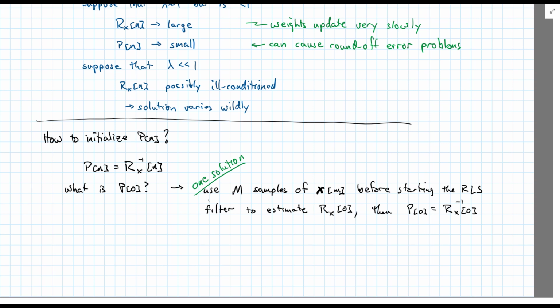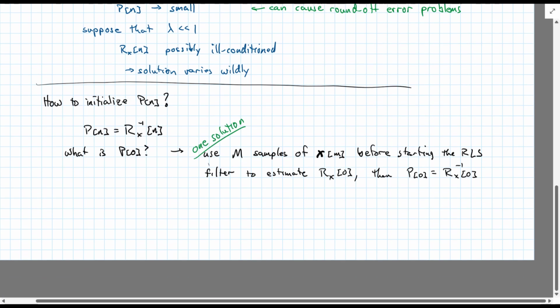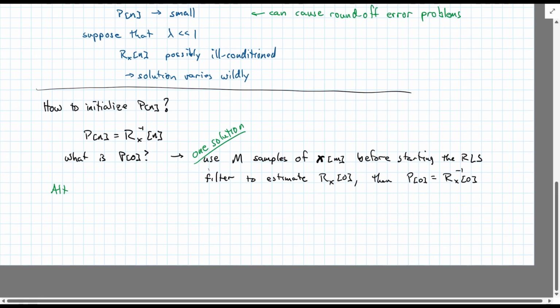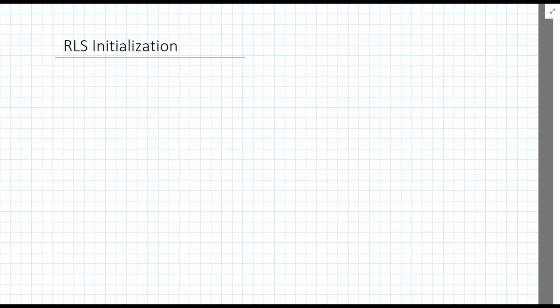Well, we've gone to all this work to avoid doing inverses, so that may or may not be what you want to do. An alternative is to just let P0 be an identity matrix or something like that. Let's see, I guess I'll continue this on the next page.